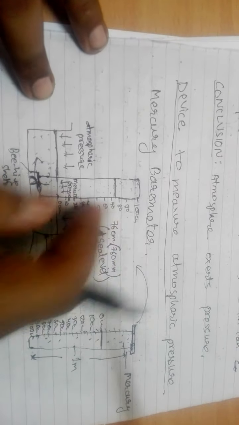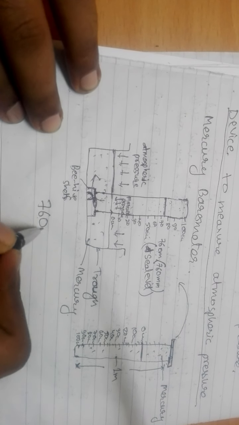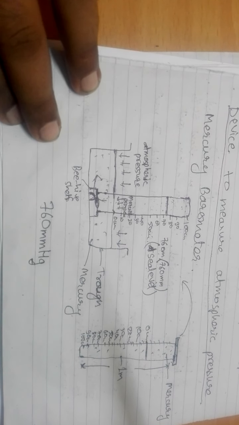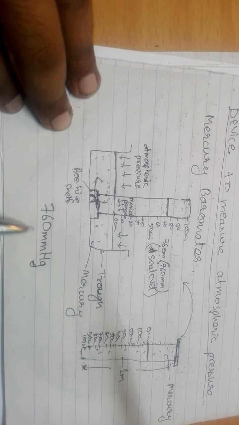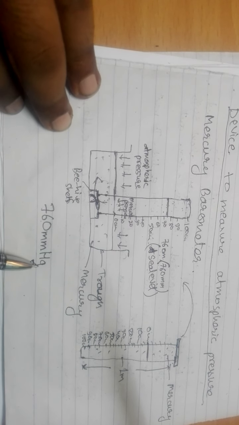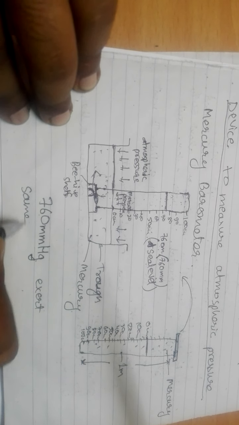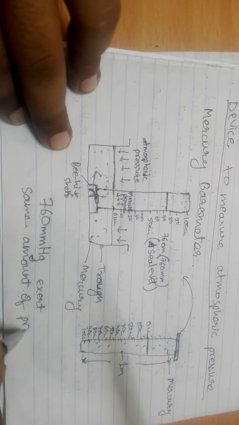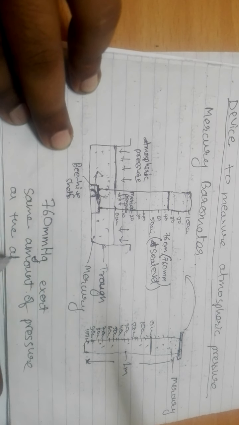What does it signify? It signifies that 760 millimeter of mercury, Hg being the scientific symbol of mercury, exerts the same amount of pressure as the atmosphere.